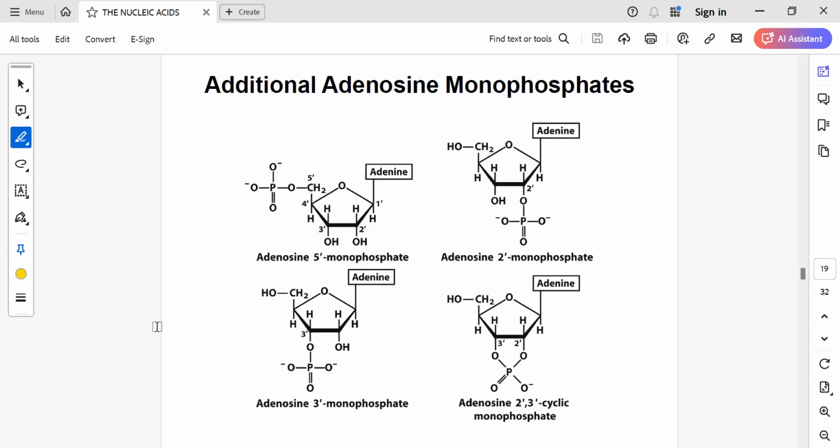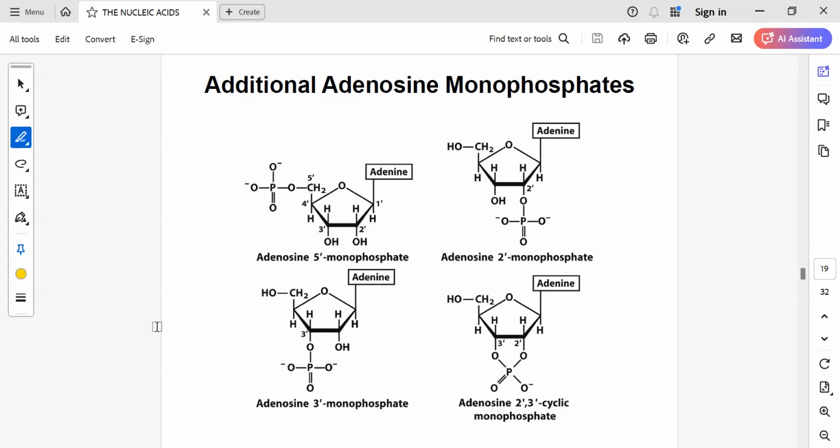Then we can also have adenosine 3' monophosphate. So it depends on the position where the phosphate group is attached. But usually, the adenosine monophosphate found in DNA is the one esterified at 5'.